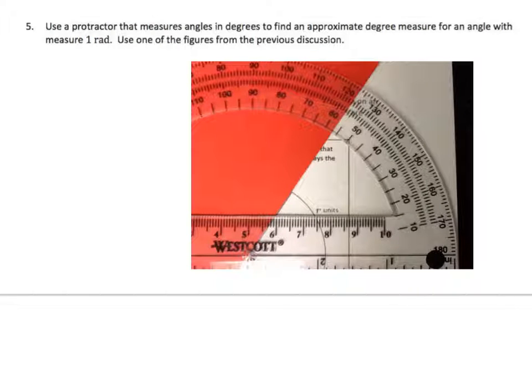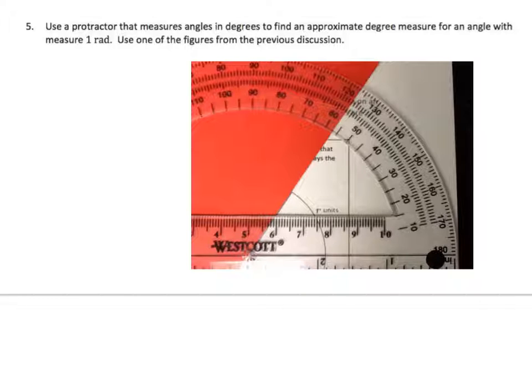Let's look at this little exercise number 5. Use a protractor that measures angles in degrees to find the approximate degree measure for an angle with measure of 1 radian. Use one of the figures from the previous discussion.